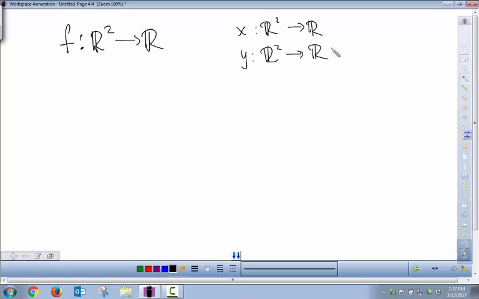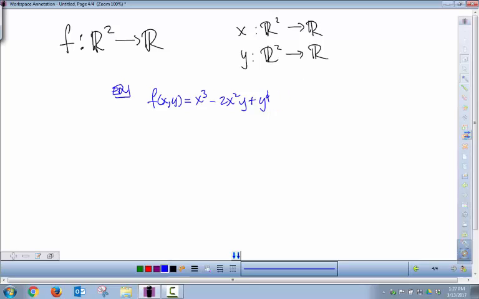So let's take maybe as an example, let's say f of xy is equal to x cubed minus 2x squared y plus y to the fourth.